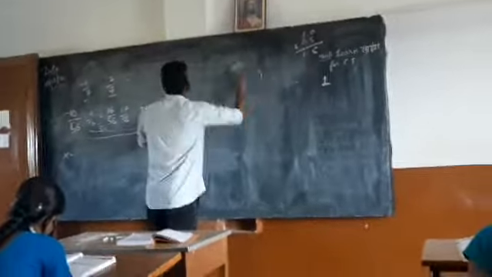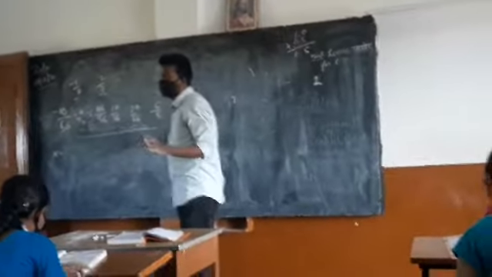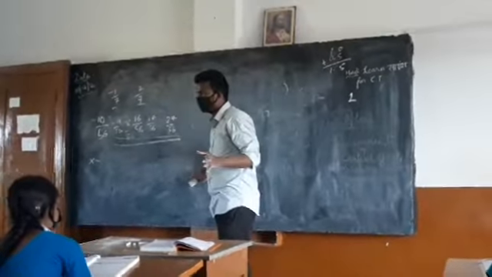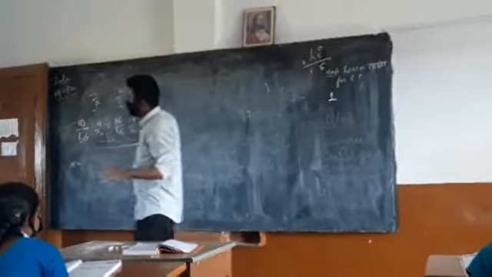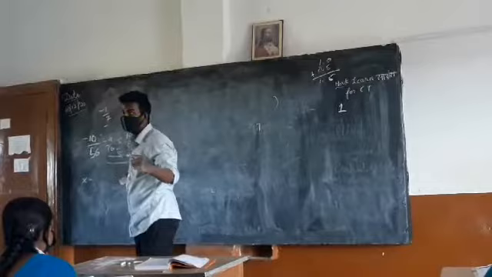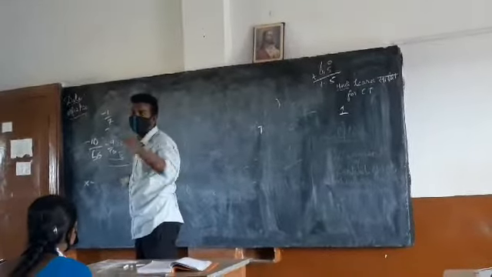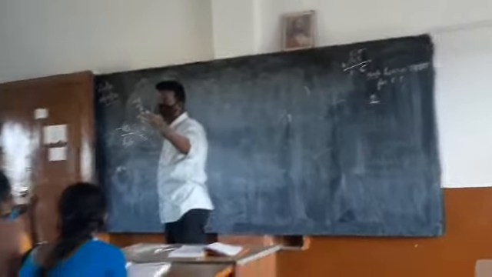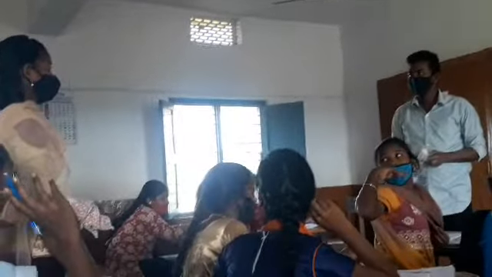So representation of improper fraction we have seen. For doing that, what is the first thing we need to do? What is the first step we need to do for plotting improper fraction? You don't have the idea?